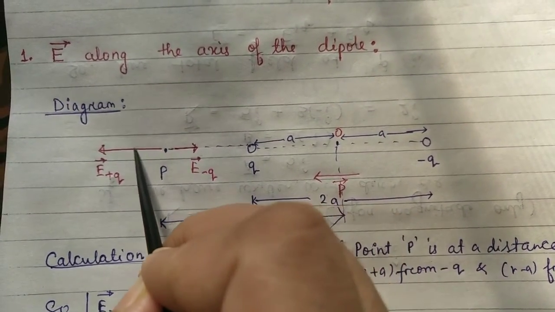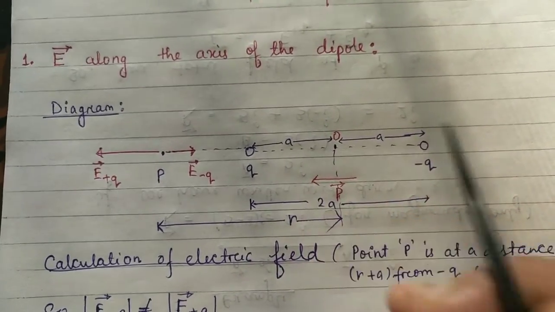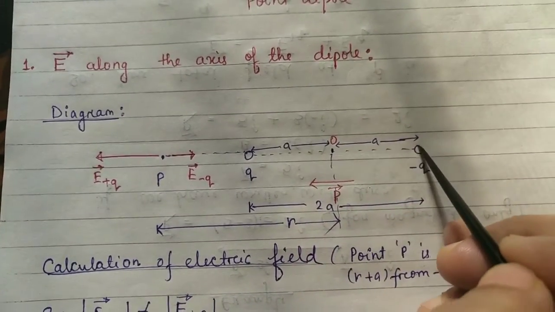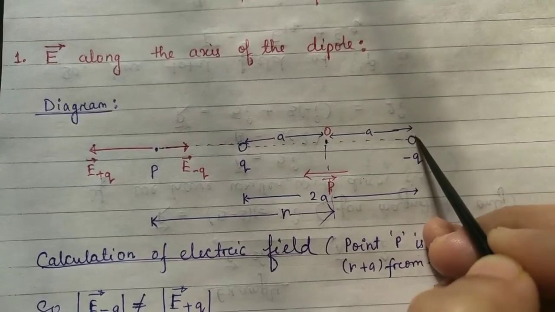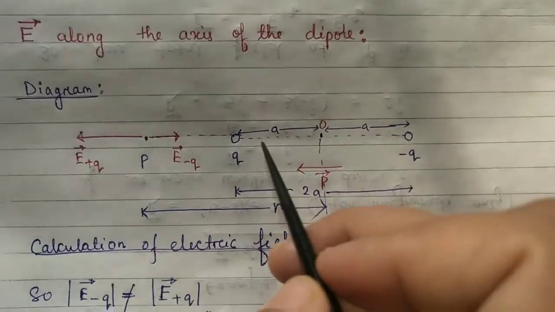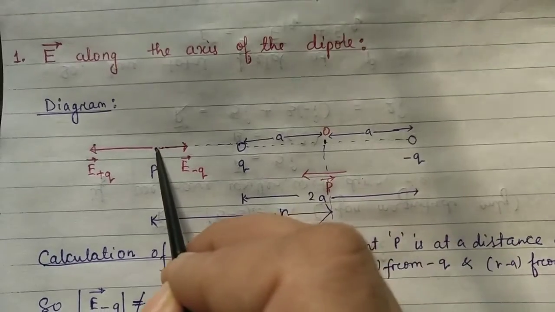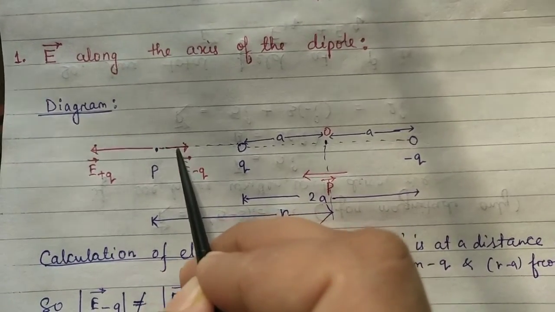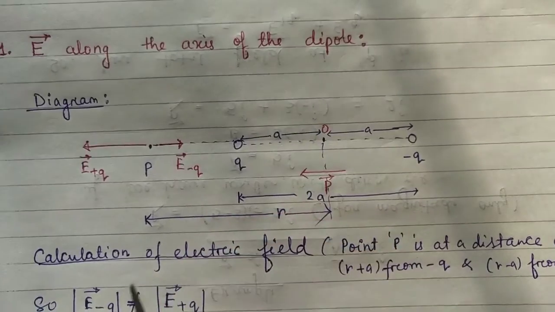And the direction of the electric field for a negative charge is radially inwards. So at point P, due to minus q, the direction of the electric field will be like this, towards the negative charge. Clear?